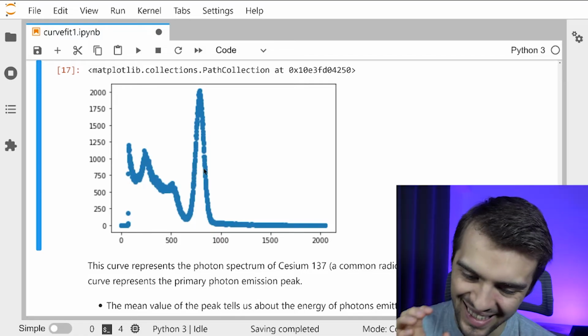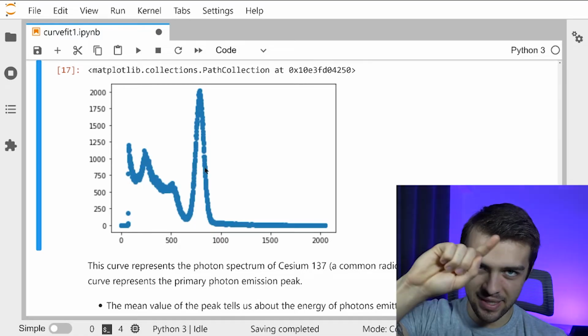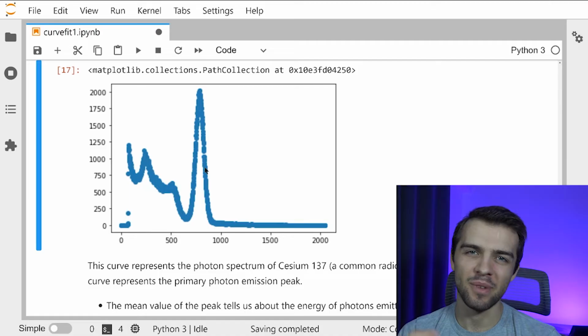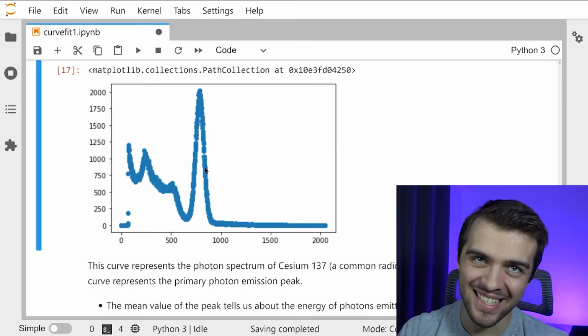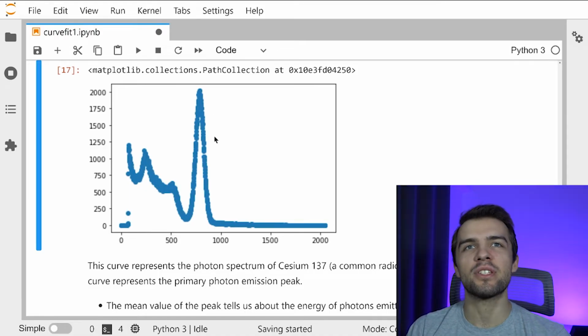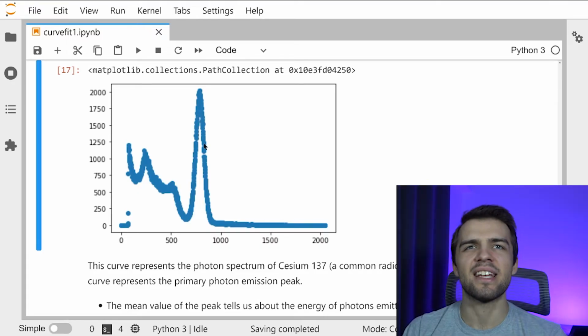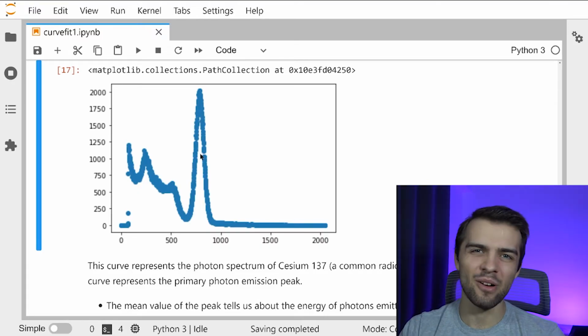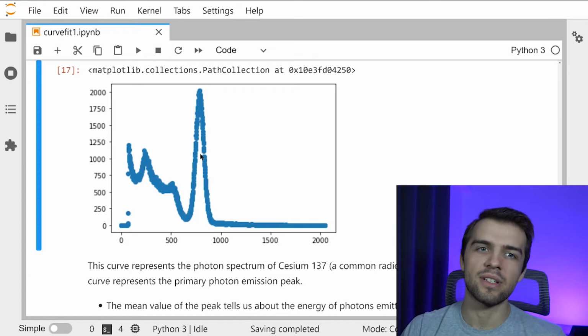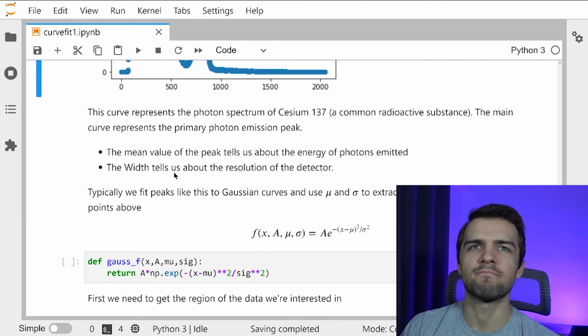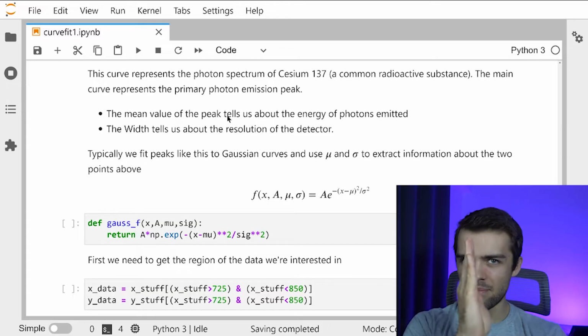What this means is that the detector isn't perfect. The detector has a resolution to it, right? You can't see everything exactly. So if I fit this to a Gaussian, the mean value will tell me what the energy is, and the standard deviation tells me about what the error or the resolution of the detector is. So yeah, the mean value is the peak, right?